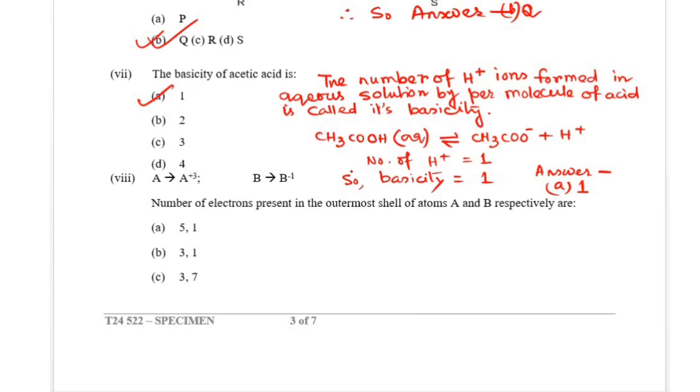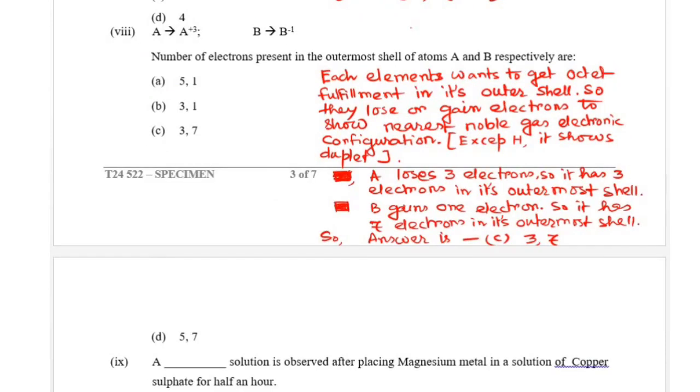Okay. Next question. Here A loses 3 electrons, B gains 1 electron. The number of electrons present in the outermost shell of atoms A and B respectively are... We know that each element wants to get the nearest noble gas electronic configuration. So a metal loses electrons and a non-metal gains electrons.